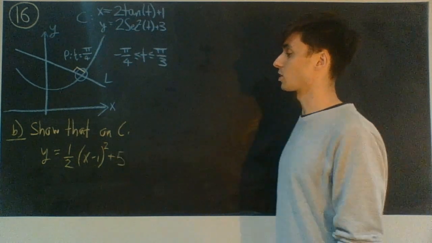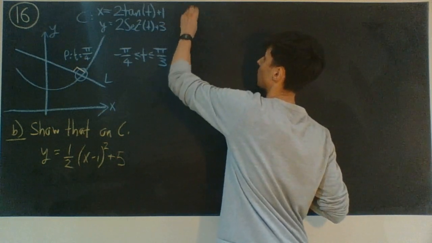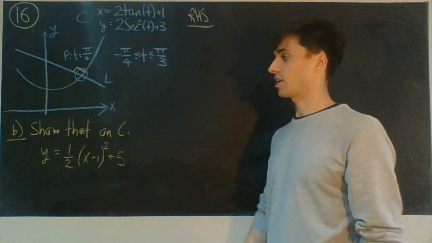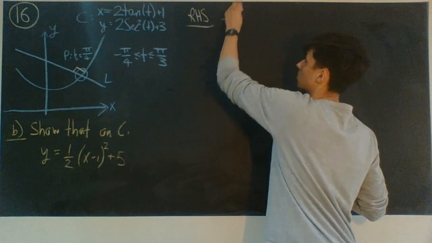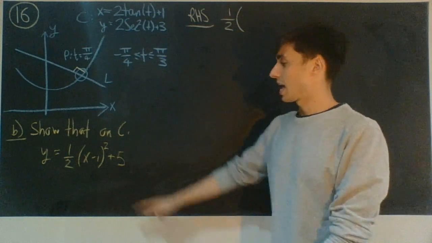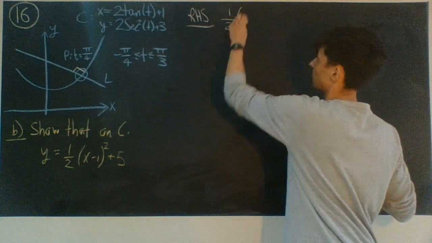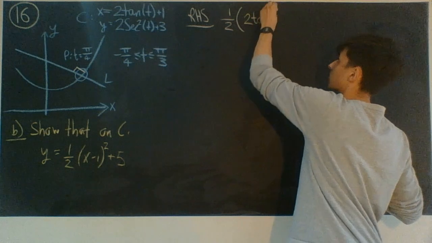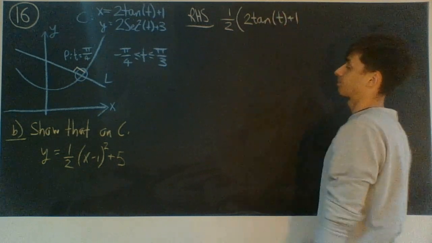So if we take, first of all, we've got 1/2, and we should make it really clear that we're working with the right hand side. We've got 1/2 brackets x is 2 tan t plus 1. So 2 tan t plus 1.